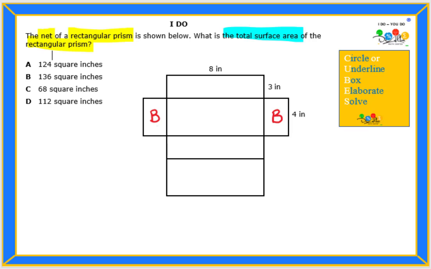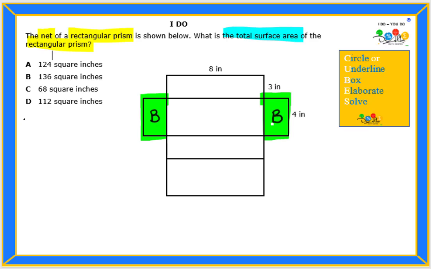When they say total surface area, we need to find the area of all of the faces and the bases. Okay, so I'm going to find the area of my base.